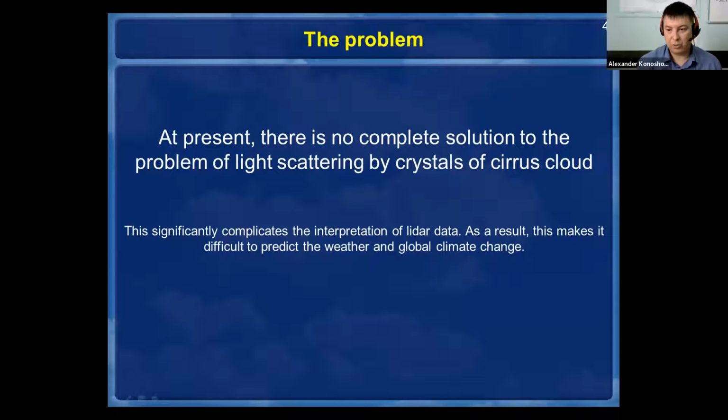Because there is no complete solution for ice crystals today, it's hard to interpret the lidar signals when you sound in cirrus clouds. And we also need this solution of light scattering by ice crystals of cirrus clouds to solve the radiative transfer problem.